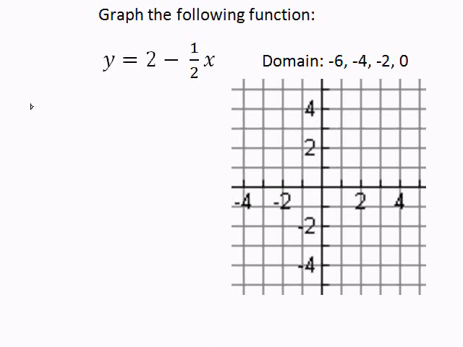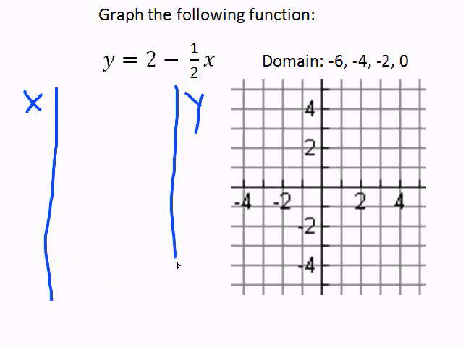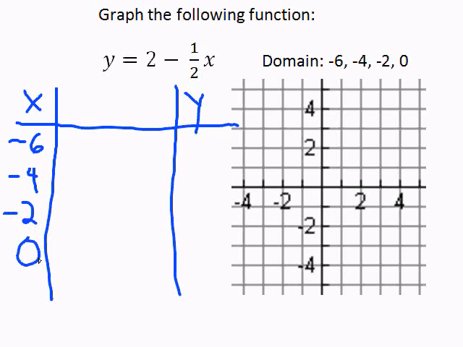Okay, I'm going to go ahead and start the same way as I did last time. I'm going to make an XY table. And I'm going to put a process column in the middle to help me neatly keep track of my work. So let's copy down our domain, -6, -4, -2, and 0.